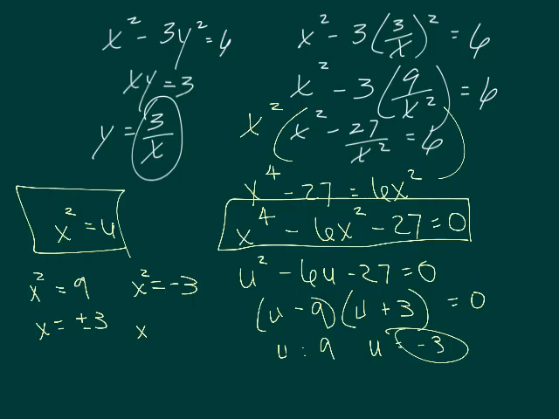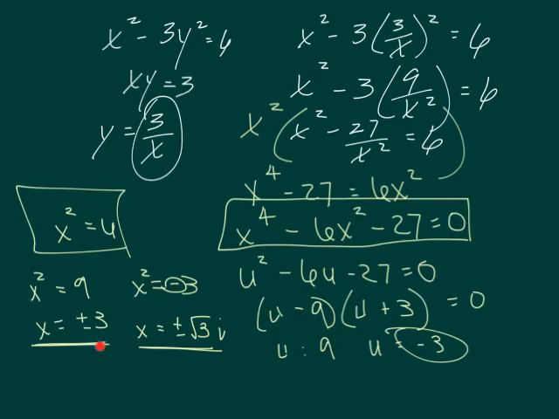So x equals plus or minus the square root of 3i, because of this negative. When I put a square root sign over it, it becomes the i. So there are my 4 x values: plus 3, minus 3, plus square root of 3i, minus square root of 3i. And that should tell you right now that I'm going to have 4 answers.